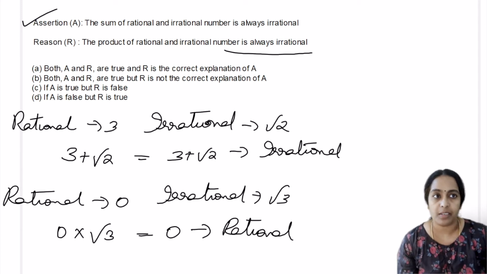So reason statement is wrong. It is false. Because the reason statement will be true only in the case of non-zero rational numbers. If a non-zero rational number is multiplied with an irrational number, then it will be always irrational. But if rational number 0 is multiplied with an irrational number, then you get rational. So reason statement is definitely false. So option C is the correct answer.